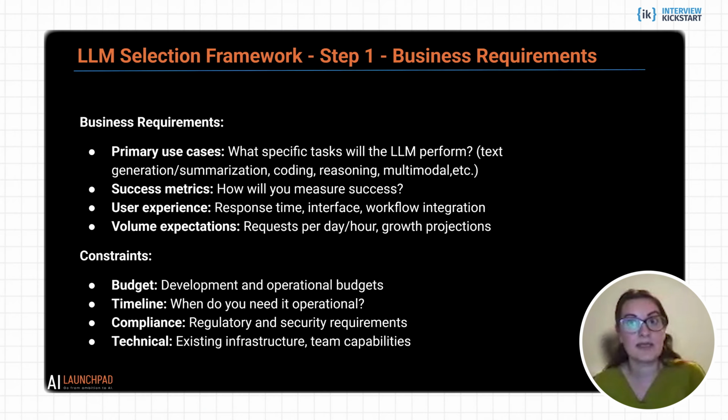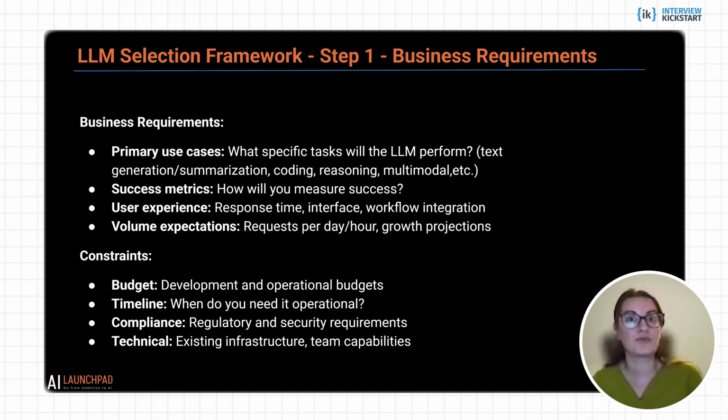In most cases, these LLMs generally have to work with other systems in the organization, so you really want to understand what that integration looks like. Again, from a volume perspective, you want to know what sort of load you're going to expect this model to generate, because it's going to translate to requests and transactions per second, transactions per minute. So you want to factor in also your plan for growth.